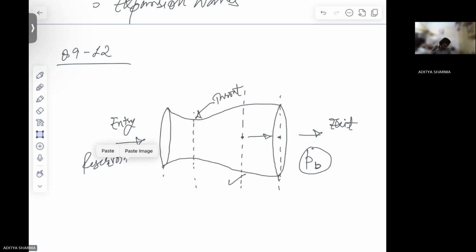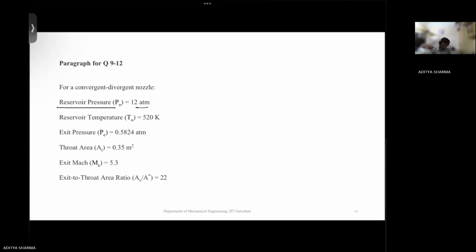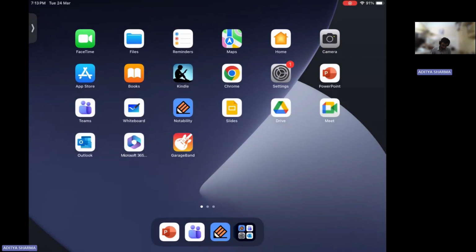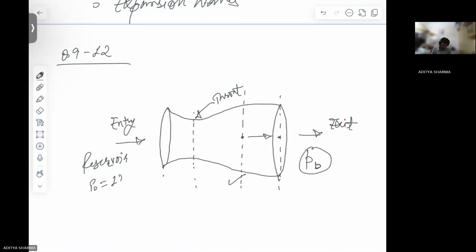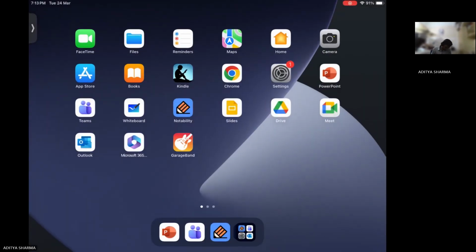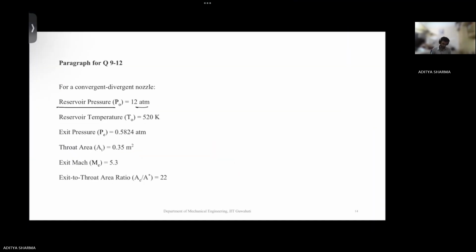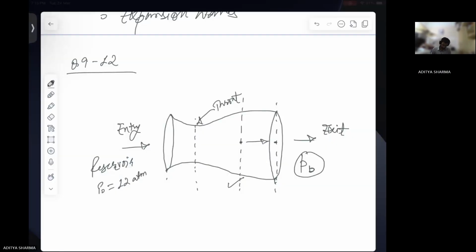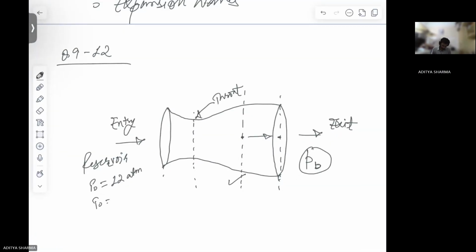So P naught is given here as 12 atmosphere. The reservoir temperature is 520 Kelvin.